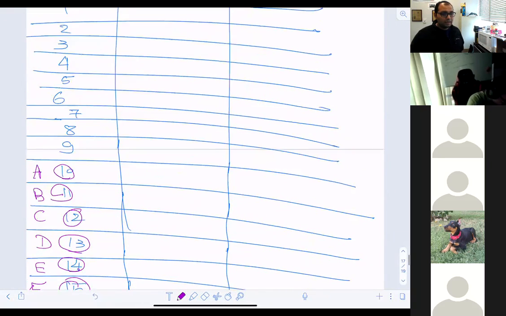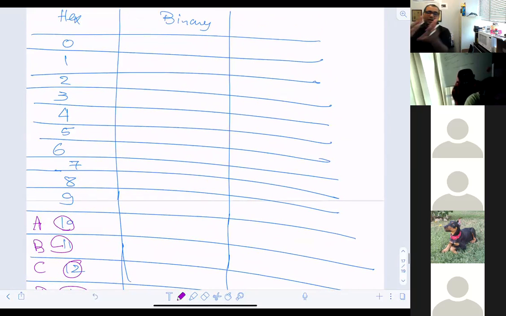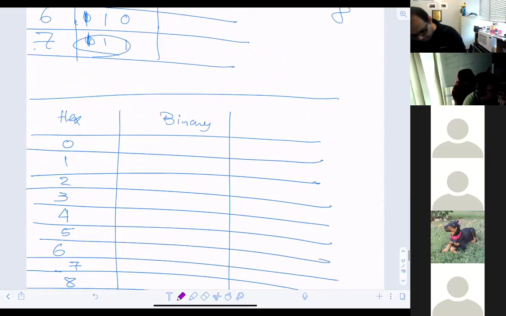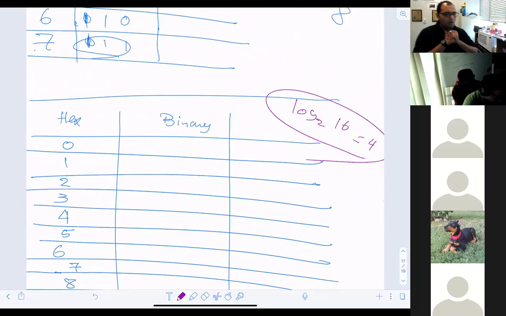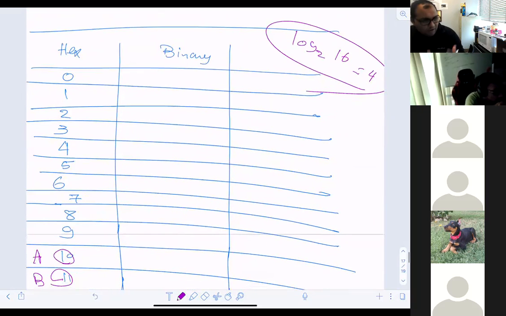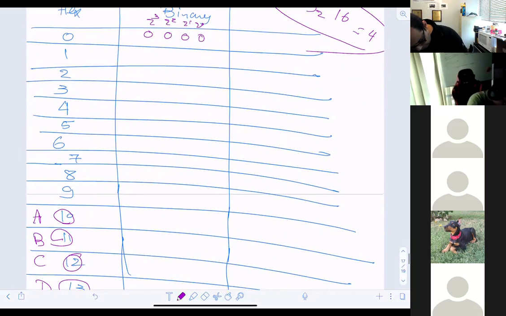Sounds good? Now I need to see what's the number of the logic thing, right? I'm in binary, I'm going into hexa, right? So that means I should expect every single representation in the binary to be 4 digits. So 1, 2, 3, 4: 2 power 0, 2 power 1, 2 power 2, 2 power 3, right? So the first one is 1.